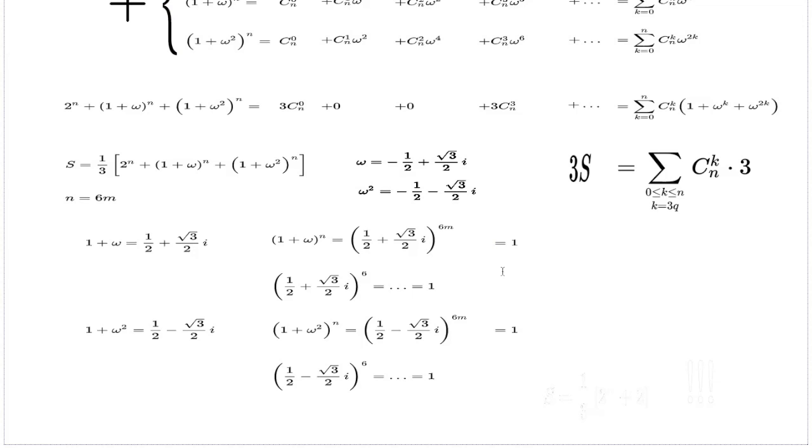Perfect. So all we see now is that these two brackets are simply 1s. These two brackets are simply identities, which means that the result we're looking for is this. Look how nice and simple it became. Originally, your S was the sum of every third binomial coefficient for big n's, like 60, for instance, which is a multiple of 6.